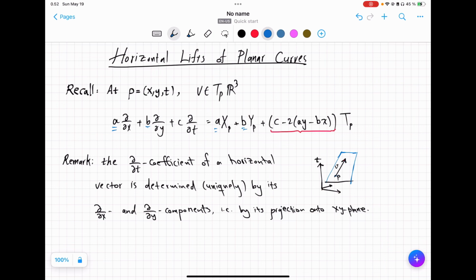This shows that a vector V belongs to the horizontal space at P, that means it's in the span of X and Y, if and only if this last component is 0.